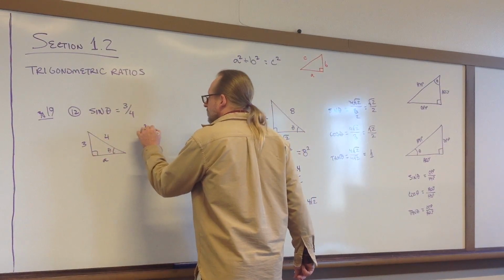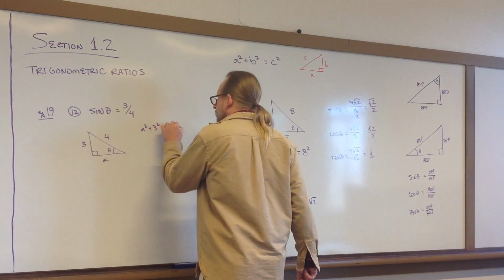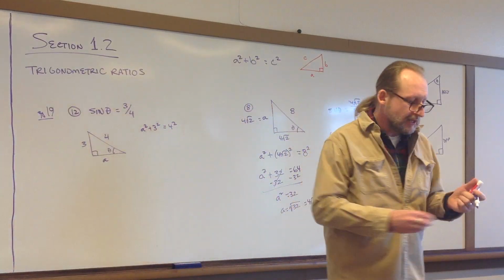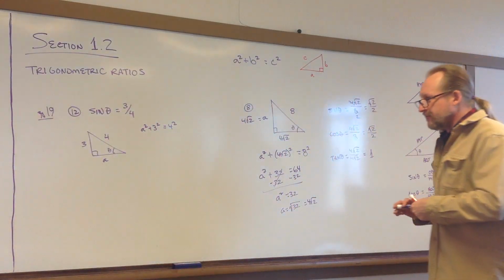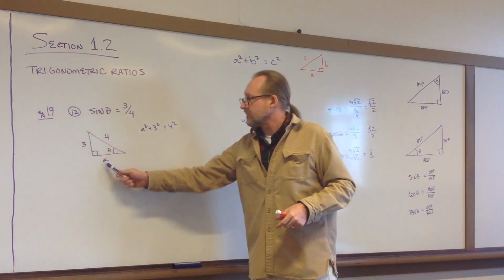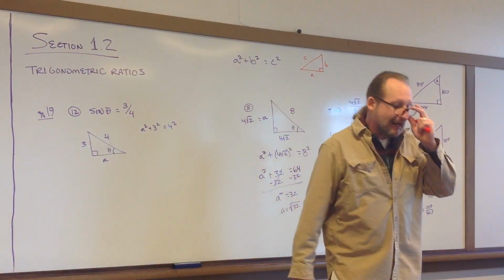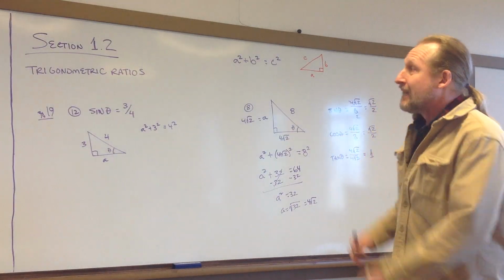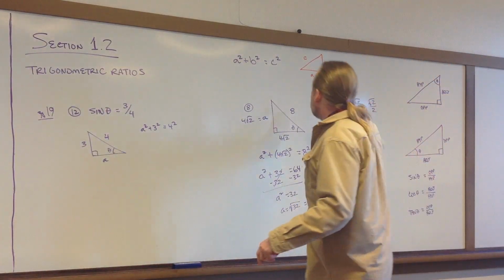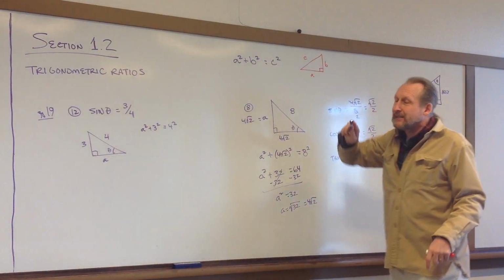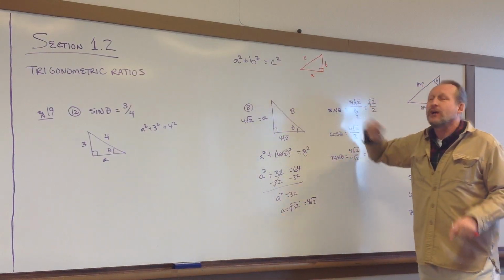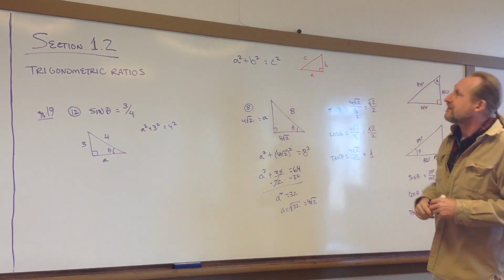So we'll say a squared plus 3 squared equals 4 squared. Now, if you're thinking to yourself, didn't we just talk about 3, 4, 5 triangles, and why shouldn't this A be equal to 5? Because this goes back to the idea of C always being the hypotenuse, and A and B always having to be less than C. Okay?